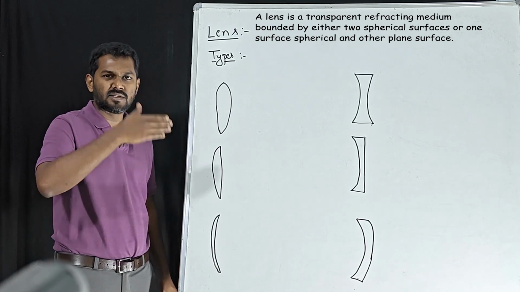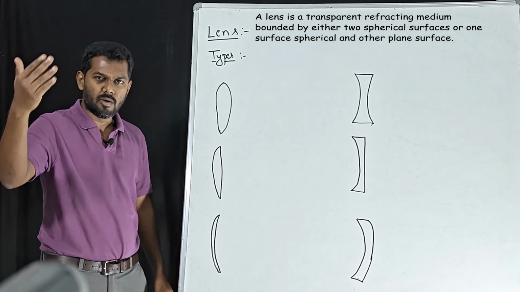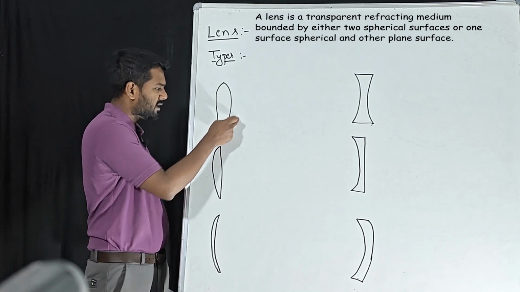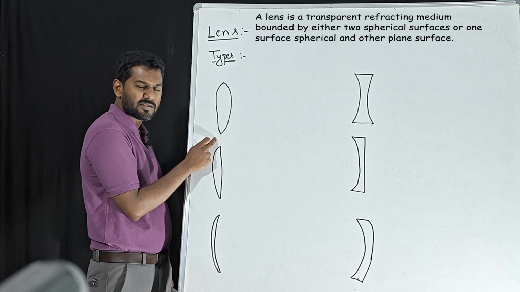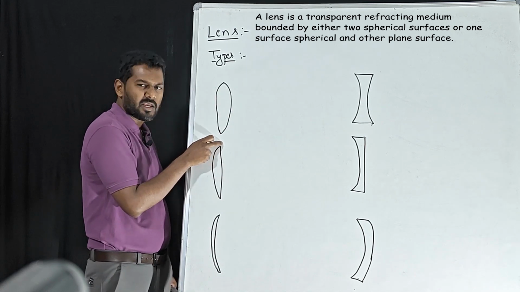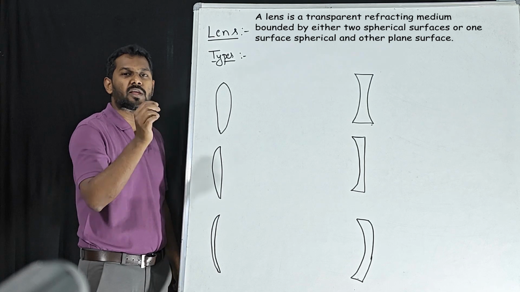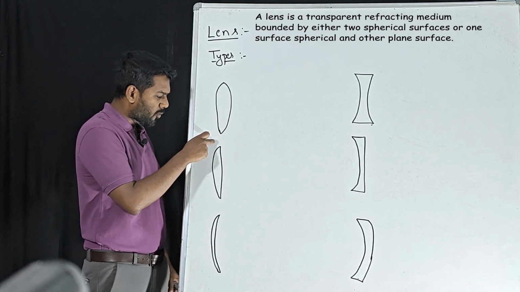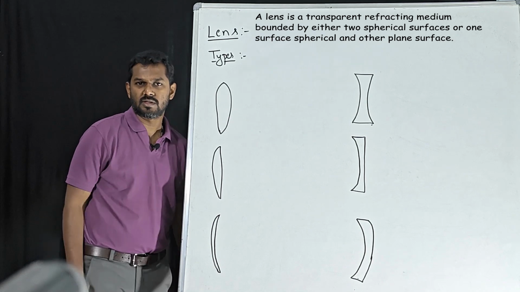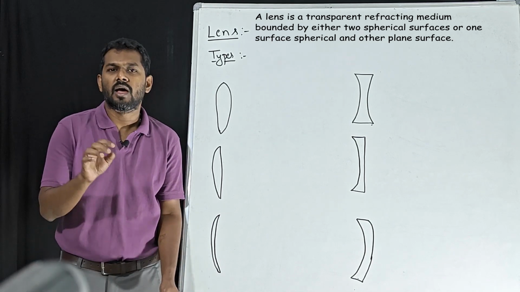This is one spherical surface and this is another curve. Wherever we see a curve, we consider it a spherical surface, or one spherical surface and one plane surface. This is the definition of a lens.